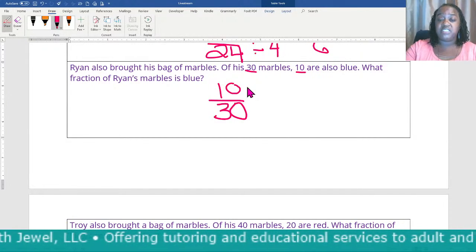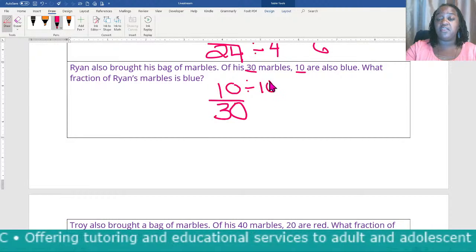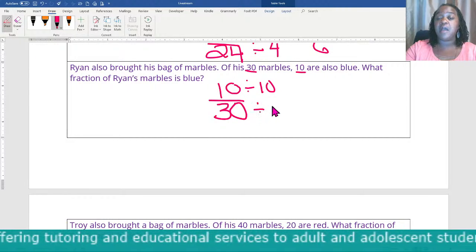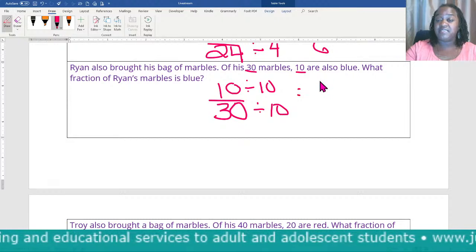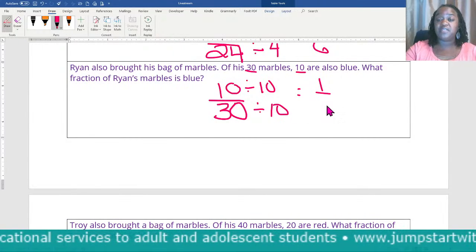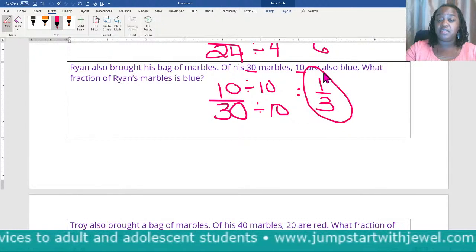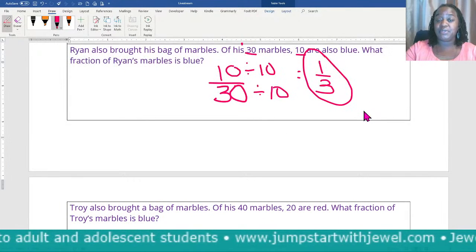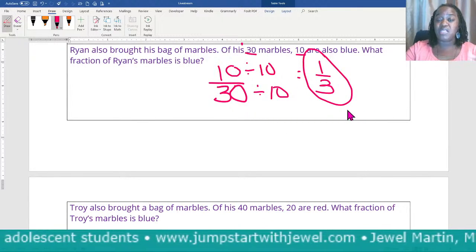So our GCF, our greatest common factor, is going to be 10. So we would divide the numerator and the denominator by 10. 10 divided by 10 is 1, and 30 divided by 10 is 3. So the final answer is 1/3. 1/3 of the marbles that Ryan has are blue.